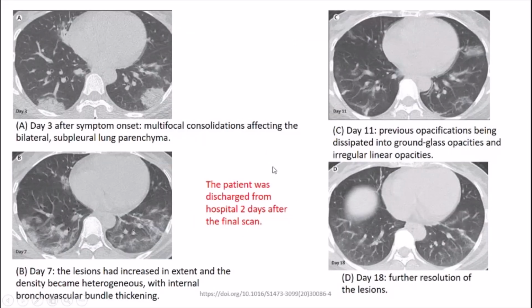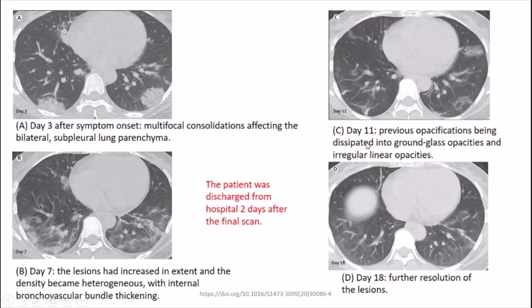Another patient, which is a type 1, I think, patient. Day 3, the patient had bilateral multifocal consolidations, again peripheral subpleural location. Then at 7 days after the symptoms, the lesions increased in extent and became heterogeneous, again bilateral, peripherally located, with internal bronchovascular bundle thickening.